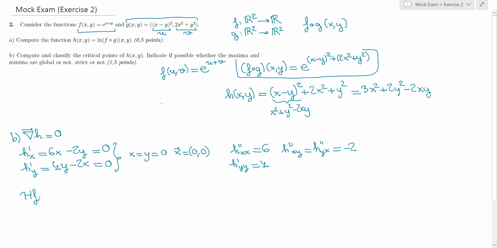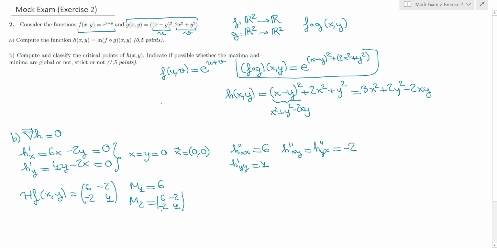It's minus 2, so the Hessian, you can see at any point, okay, the coefficients are constant. So this is the Hessian at any point, not only at 0, 0. And now you can see that M1, the first minor is 6, which is positive, and the second minor is this determinant.